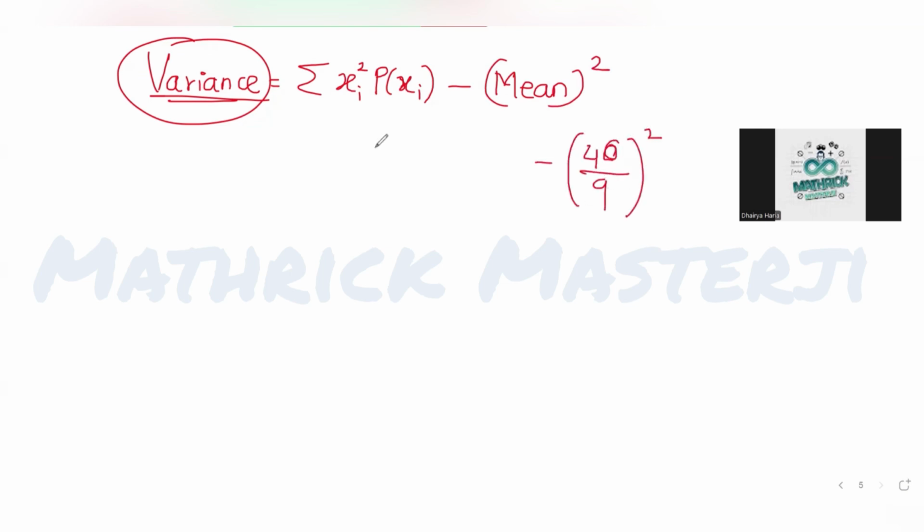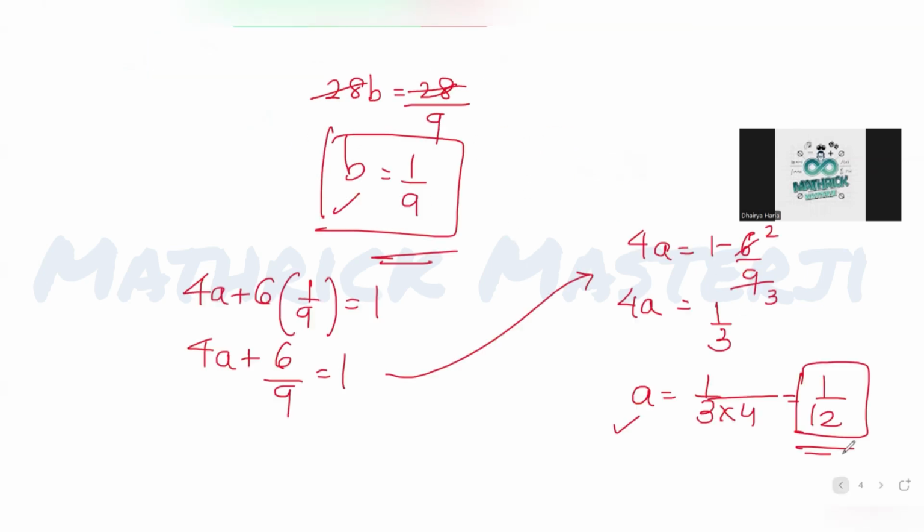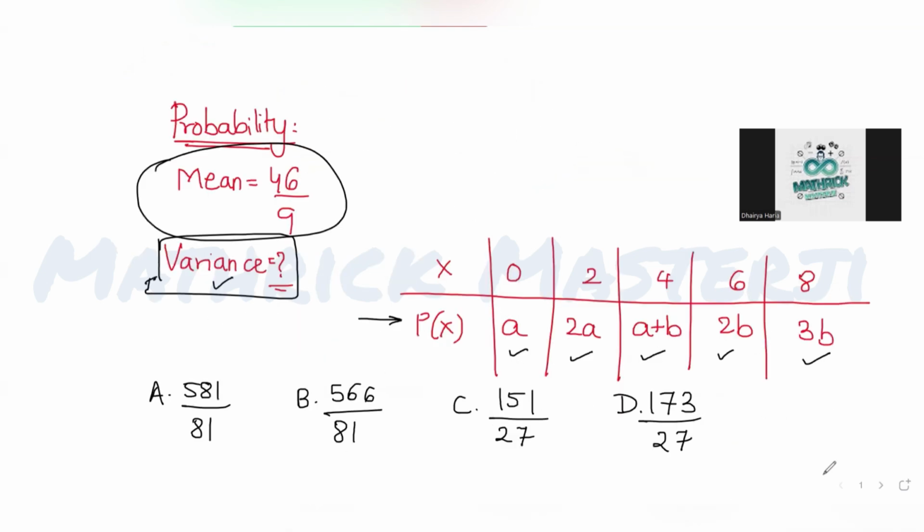That is squared. Now, if I have to find summation of all xi square and probabilities multiplied with that, xi I have with me: 0, 2, 4, 6, 8. So if I square them to get x square, I get 0, 4, 16, 36, and 64. So these are the values of x square.